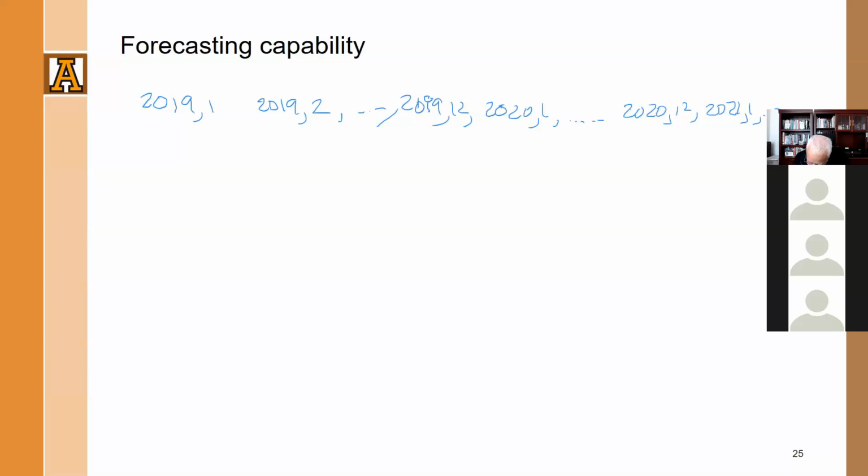Let's say I have data up to last September, month number 9. With this, I estimated the model and I forecasted 2021, month number 10, 2021, month number 11, and 2021, month 12.